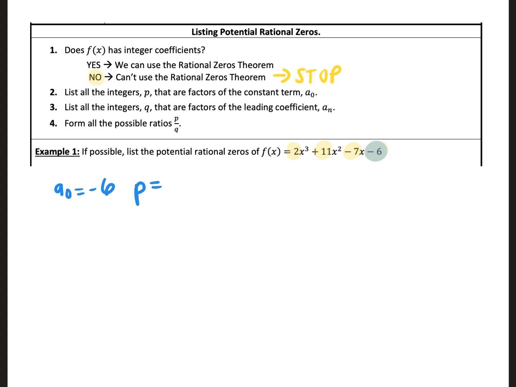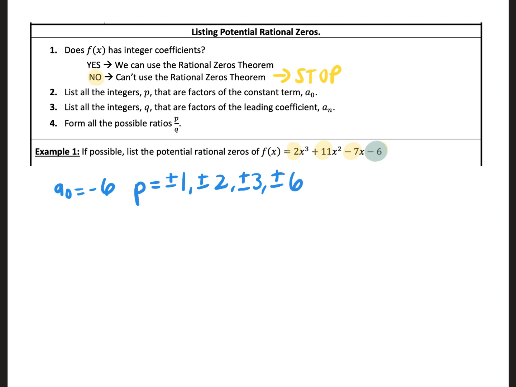I know that I can do 1 times 6, and I can do 2 times 3. I'm not too worried about the positive or negative here. All of our factors of 6 for our options for p can be either positive or negative. So when I write out my p-values, I'm going to say it could be plus or minus 1, plus or minus 2, plus or minus 3, and plus or minus 6.